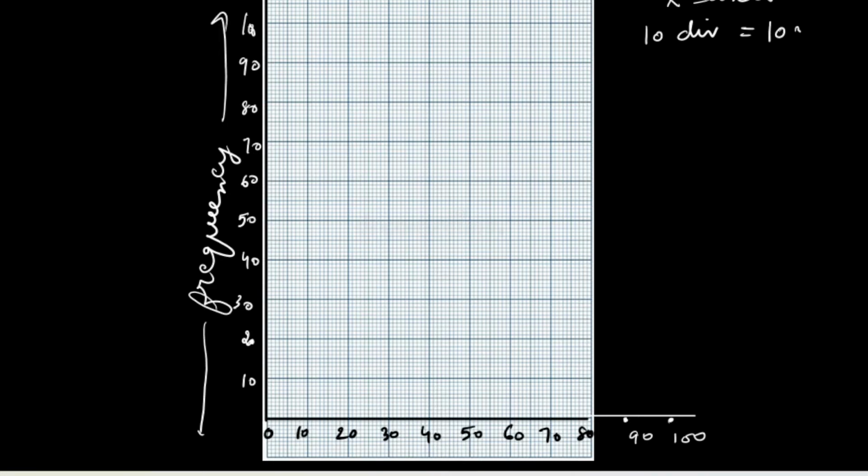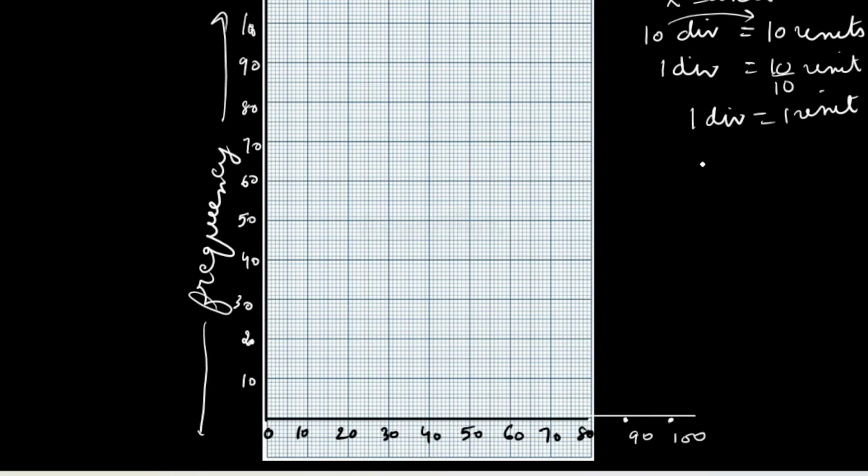When we shift 10 to the other side, one division is equal to 10 by 10 units, which equals 1 unit. Like this you can write the graph scale. Each box has 10 divisions, so 10 divisions equal 10 units along the x-axis. So 1 division is equal to 1 unit.